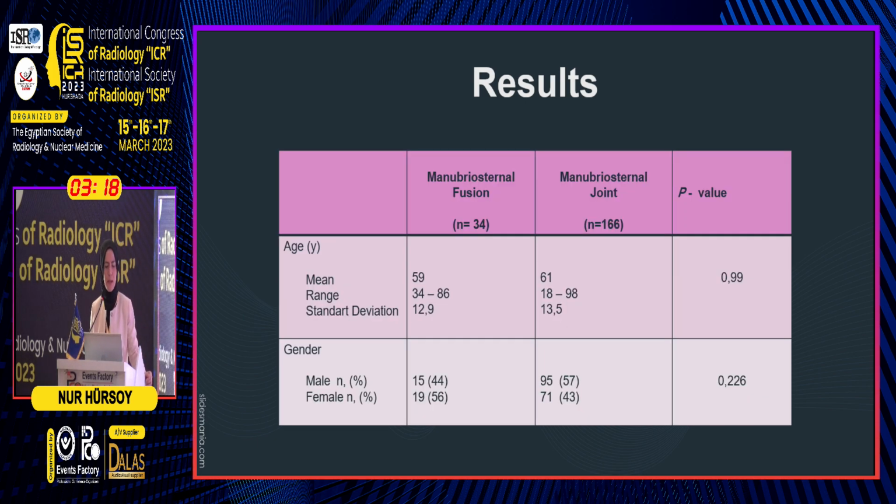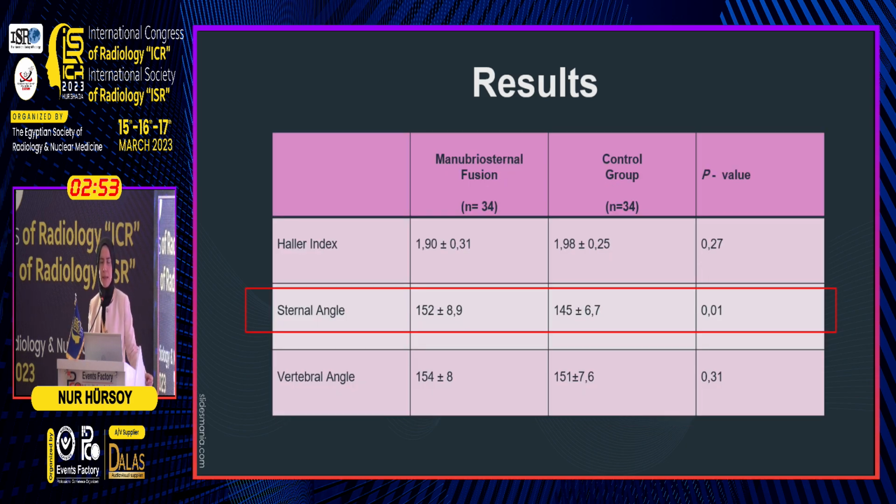Here are the same results with tables, and we can see that, interestingly, even in young patients younger than 40 we can see Manubriosternal fusion, and on the contrary, in older ages we can still detect that the Manubriosternal joint is open. And as I mentioned before, the sternal angle is significantly higher in the fusion group.